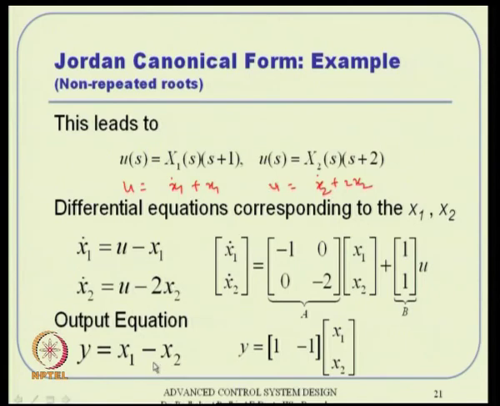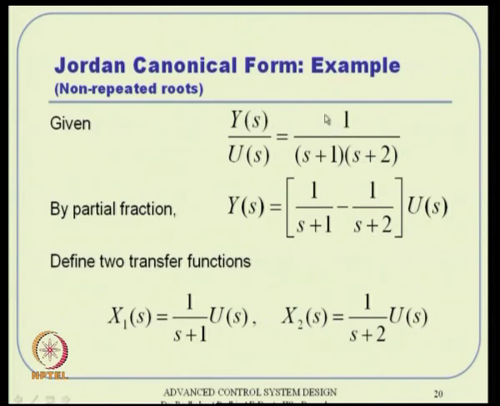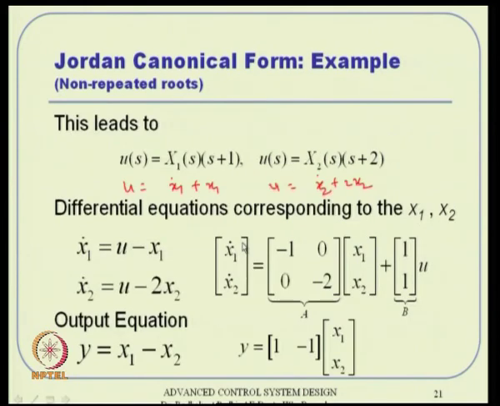If I want to put it in matrix-vector format, again I leave this blank for a second and put x1, x2 here. It is x1, so plus 1 will come here, and minus x2, so minus 1 will come here. So, this is my A matrix, this is B, this is C, that is all I have, and D is 0, obviously. D happened to be 0 because I started with a strictly proper polynomial function, otherwise D would have appeared.